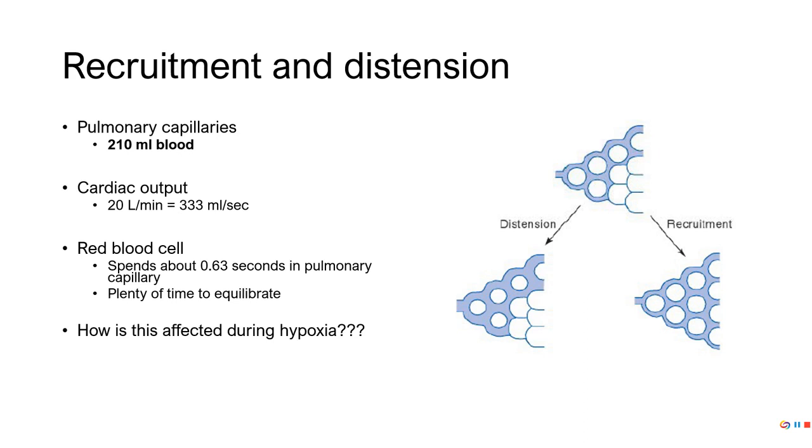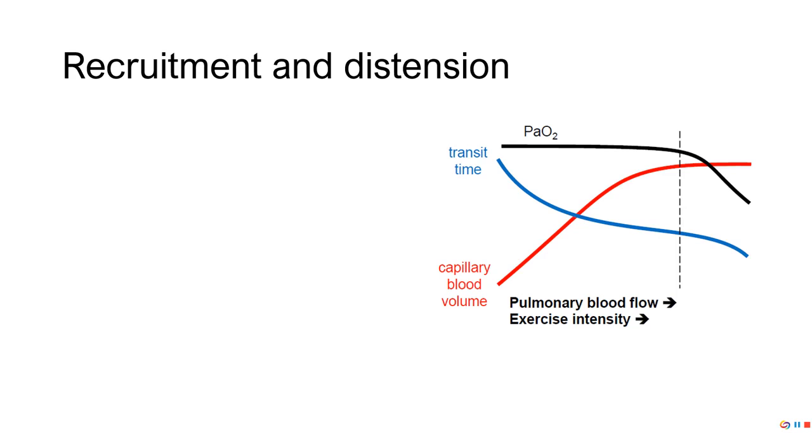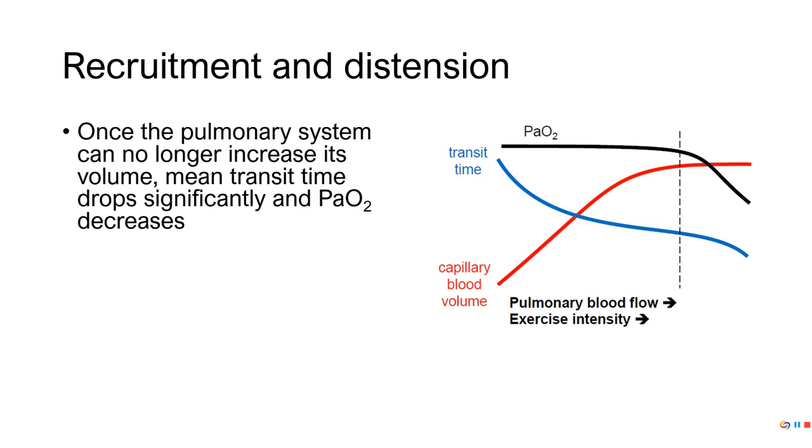There can come a point where the pulmonary system can't increase its volume anymore. If I can't increase my pulmonary blood volume, transit time will decrease, and if it decreases enough, arterial oxygen will decrease. That's what this line is showing here.